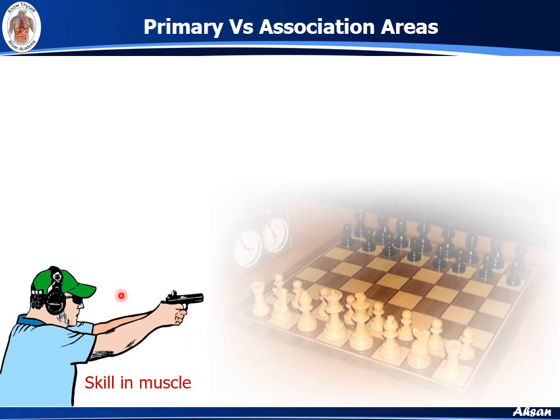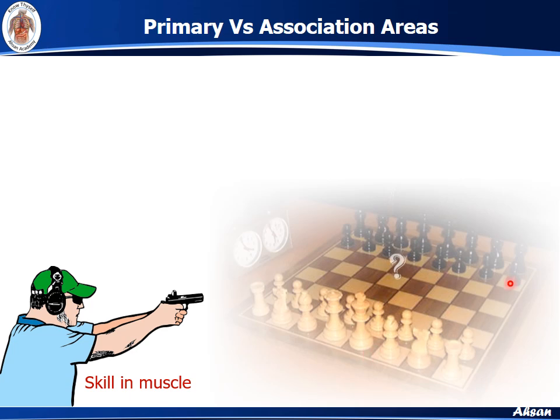Let us see these two photographs. One is a rifle shooting competition, another is chess. You can easily imagine the difference of activities. In the case of the shooter, the muscular action is the main one, the visual and muscular action together achieving the goal.